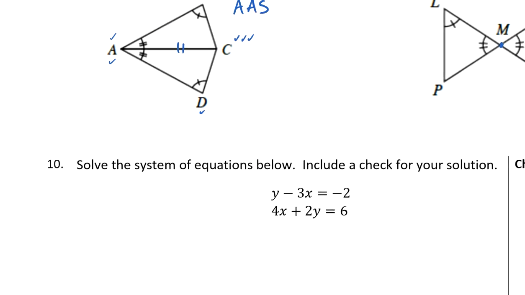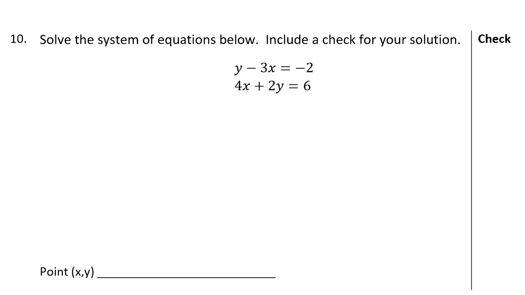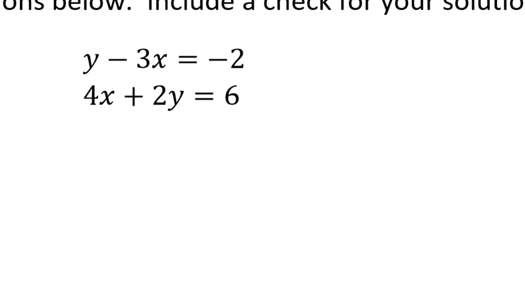And then the last question on this page says solve the system of equations below and include a check for your solutions. When I look at this, there's a lot of different ways I could solve this. I could do substitution. I could get y alone in the first equation and then plug that into the second equation. I could also do elimination.